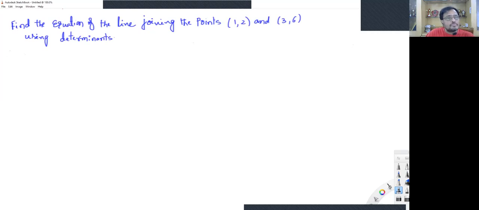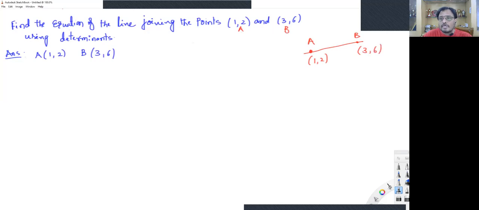Now the answer is very simple. The first given point we take as A (1, 2), and the second given point is B (3, 6). First try to understand what is asked in this question: find the equation of the line joining the points A and B. So A is (1, 2) and B is (3, 6), and our target is to find the equation of this line.